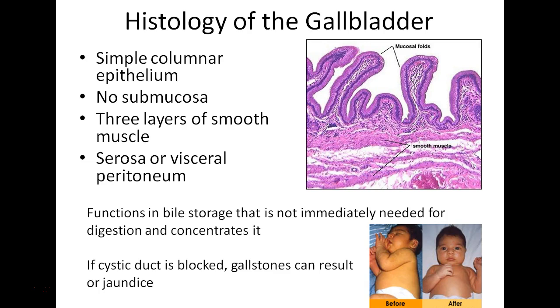If the bile is not immediately needed for digestion, it stores it and concentrates it. Sometimes the cystic duct that comes from the gallbladder can be blocked. In other words, these salts will sometimes crystallize and become too concentrated. We therefore will get a gallstone, and that can cause jaundice, as shown in the lower right.